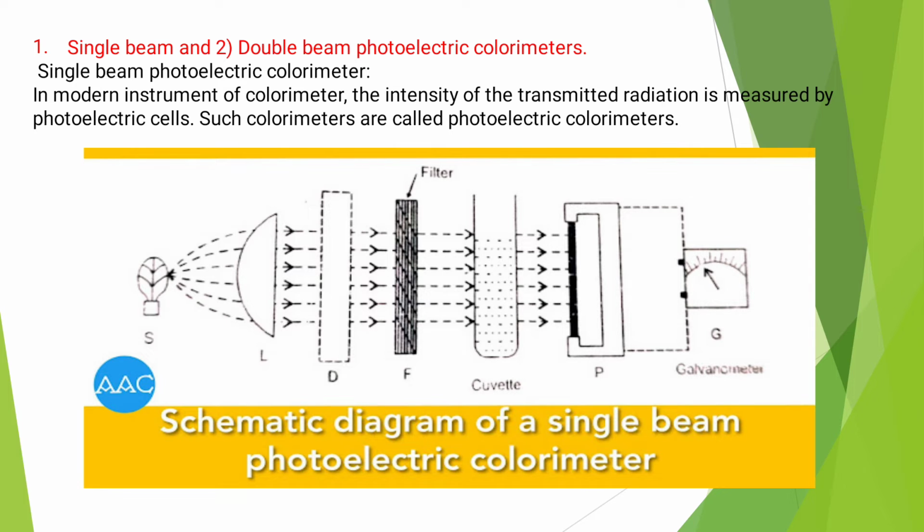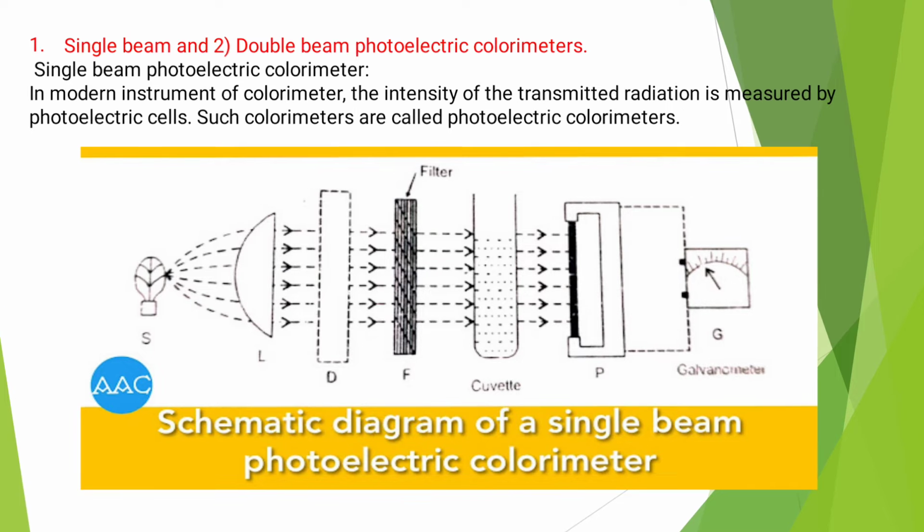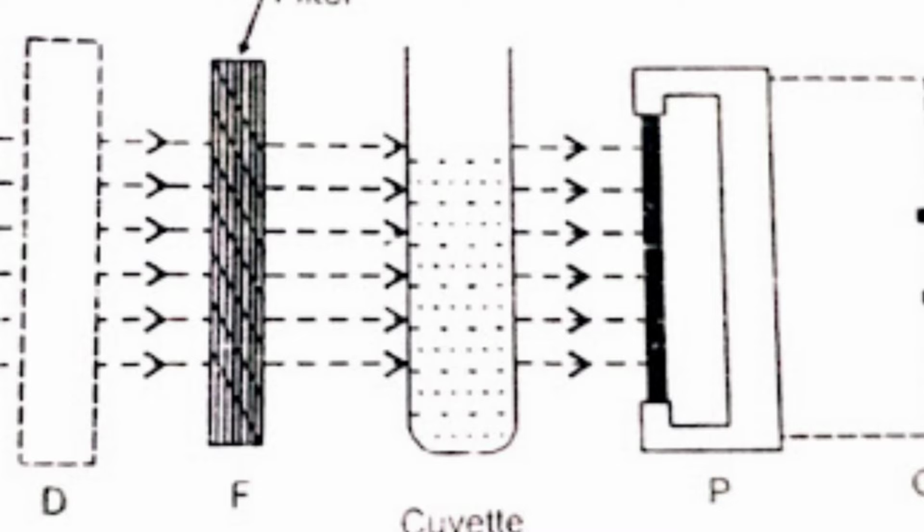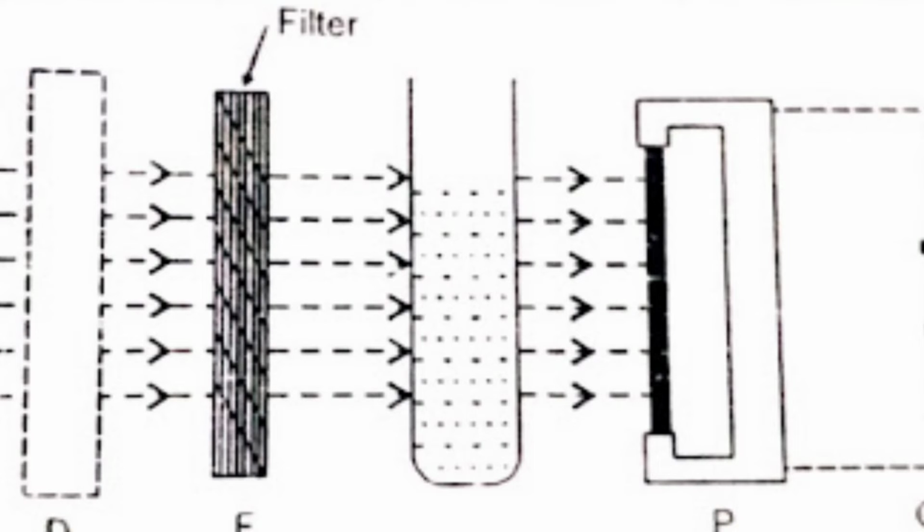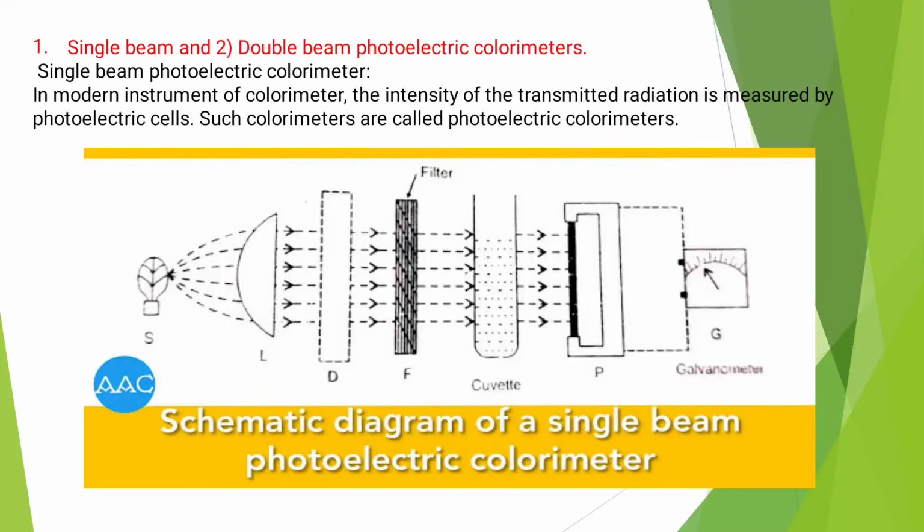See the diagram for this. The first one is the source of radiation, that is UV radiation. This is the lens for the emerging beam, and F is the filter.